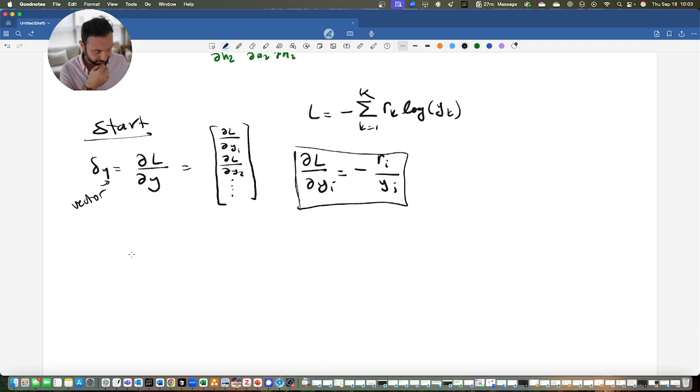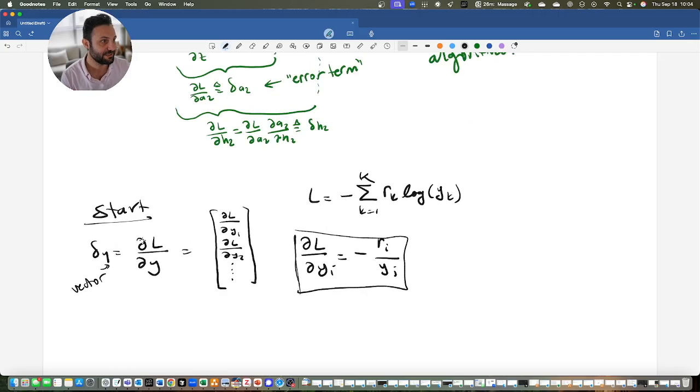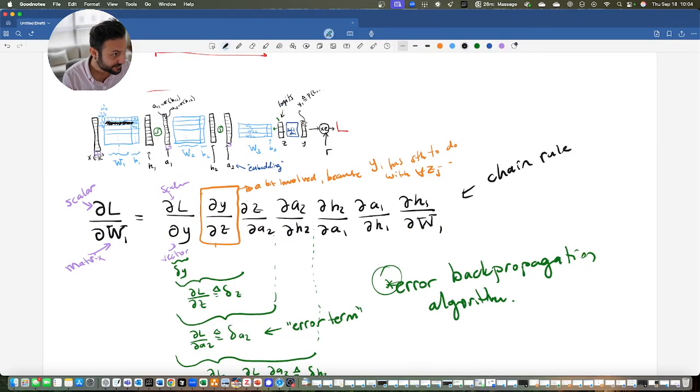So at this point, I'm not going to directly make it into a vector of r over y, because I will have to calculate the next thing. This little thing will have to change everything else, you see?